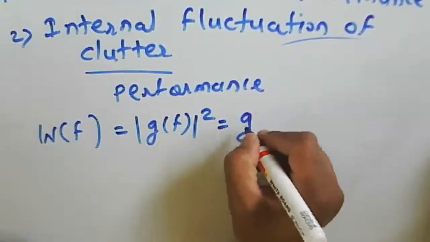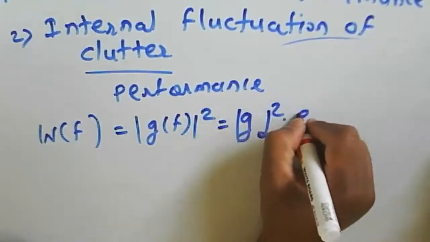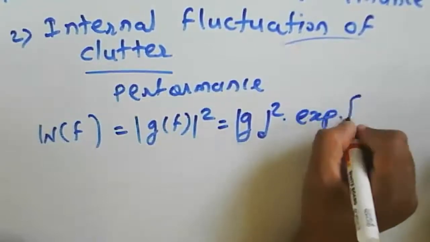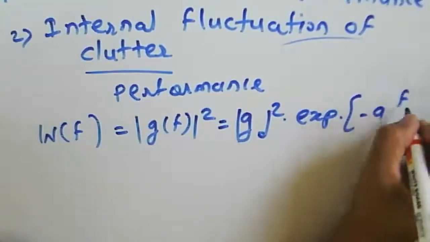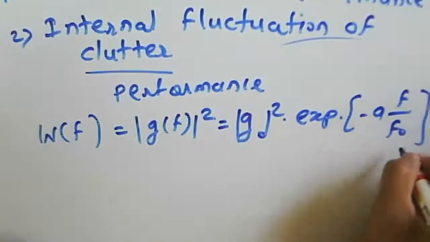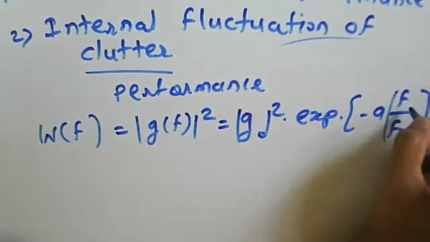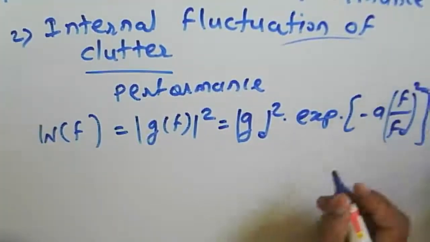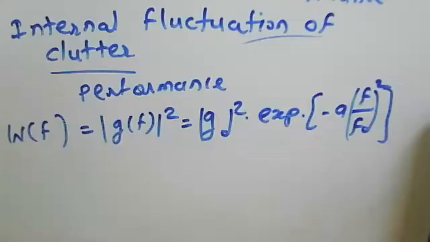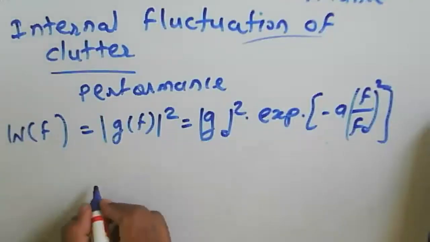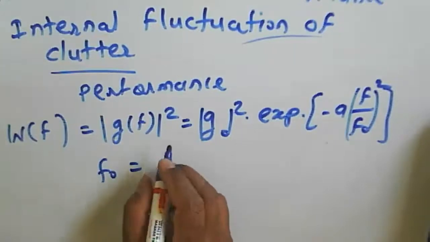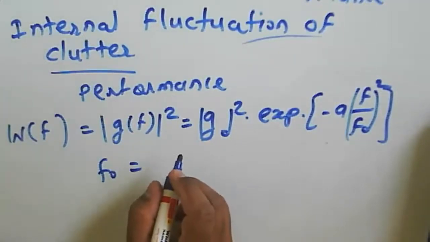We can write it as exponential of minus a f by f0, all squared. And this f0 is nothing but the radar carrier frequency.